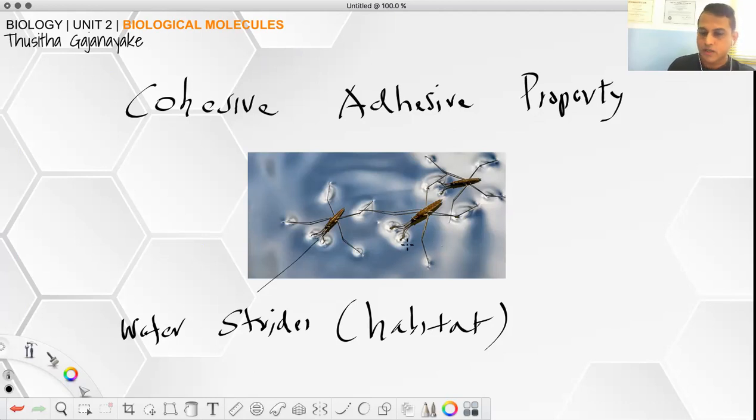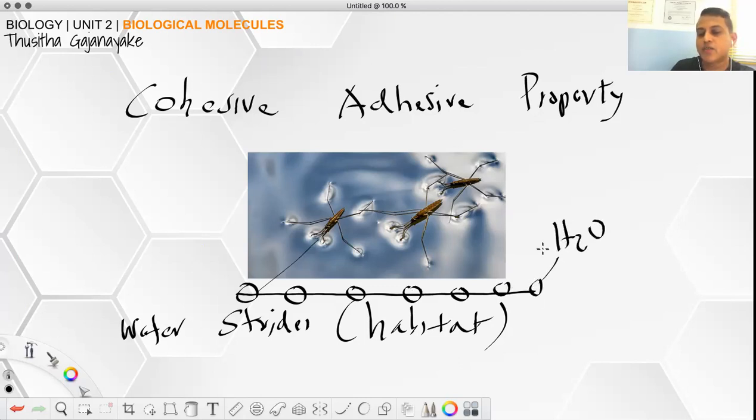Now this is possible because the cohesive and adhesive property makes a continuous layer. So the water molecules make a continuous layer on the surface. One water molecule joins with another water molecule with these hydrogen bonds, and they make a continuous surface on the water. This continuous existence of the molecules together is very important to make some of the properties, and plants and animals benefit from this linking of each water molecule with each other.